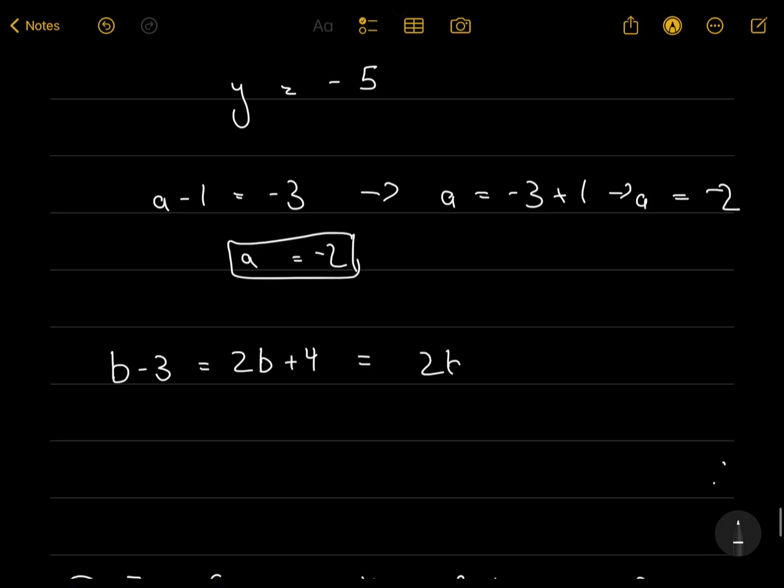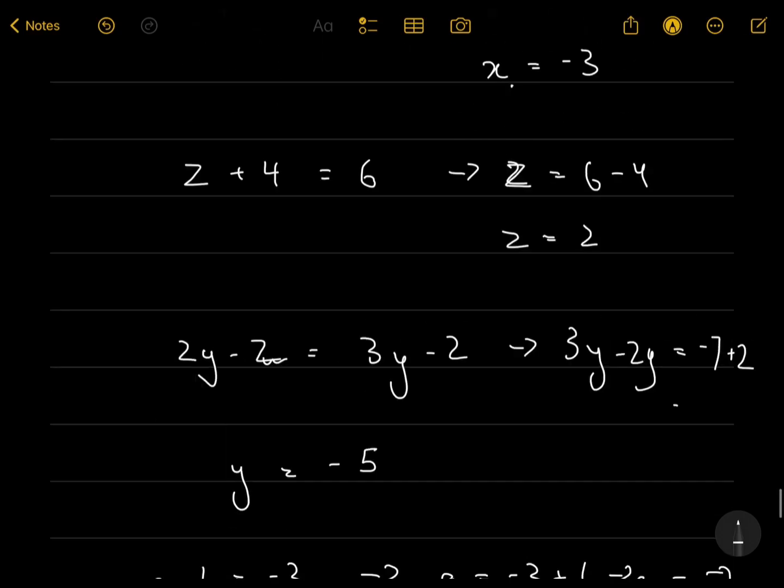Rearranging this equation, 2b minus b equals minus 3 minus 4. So 2b minus b equals b, which equals minus 3 minus 4, that is minus 7. So b is equal to minus 7.